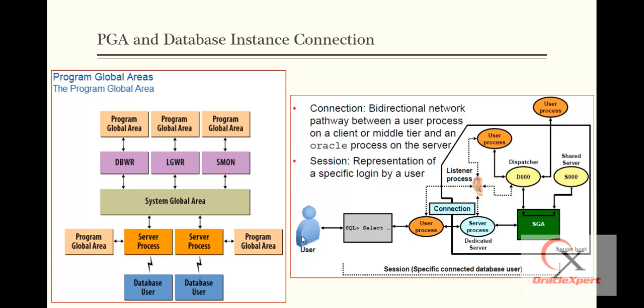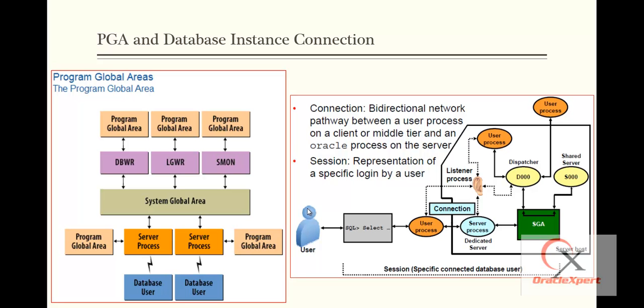The user types the necessary login credentials in the tool, like say SQL*Plus. A user might say, use SQL*Plus to connect me as Scott, password Tiger, @ some connection string. That connection string would resolve to this particular host and to this particular listener running on this host, and would request a connection to the given instance.